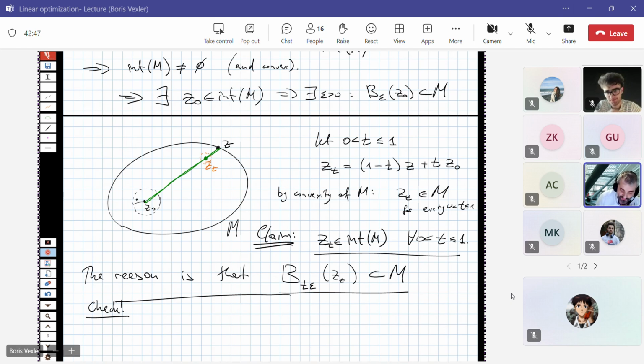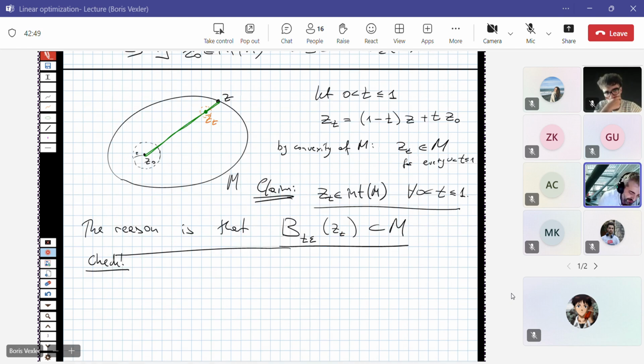Okay, how to check this? I just take some element y from this B T epsilon of ZT. What does it mean? It means that the difference y minus ZT is in a ball of radius T epsilon of 0.